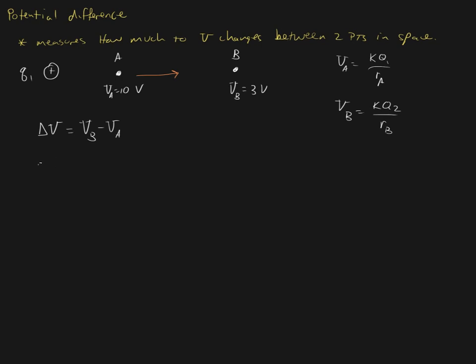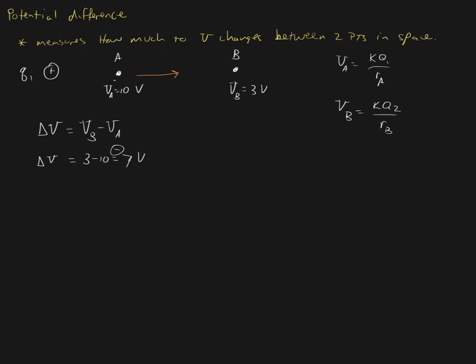Then when I calculate the potential difference, I should get 3 minus 10, which is negative 7 volts. Now we have to be careful with what that actually means, because all that negative sign is telling us is that as we went from location A to location B, there was a loss of 7 volts of potential.